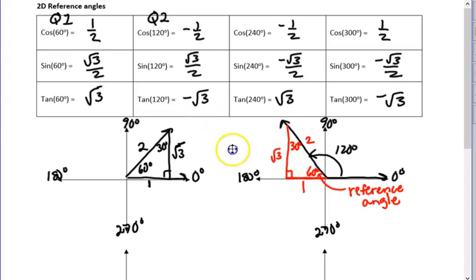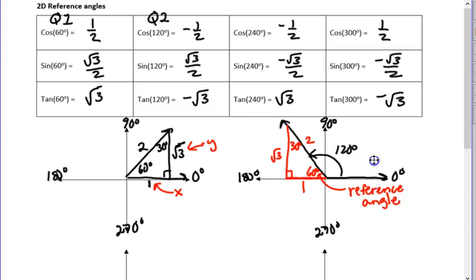So where did the negative sign come from? Why are cosine and tangent negative? Well, if you look at the way the triangle is labeled, you'll notice that, as we talked about before, the value on the adjacent side of the triangle is an x value, and on the opposite side it's a y value.